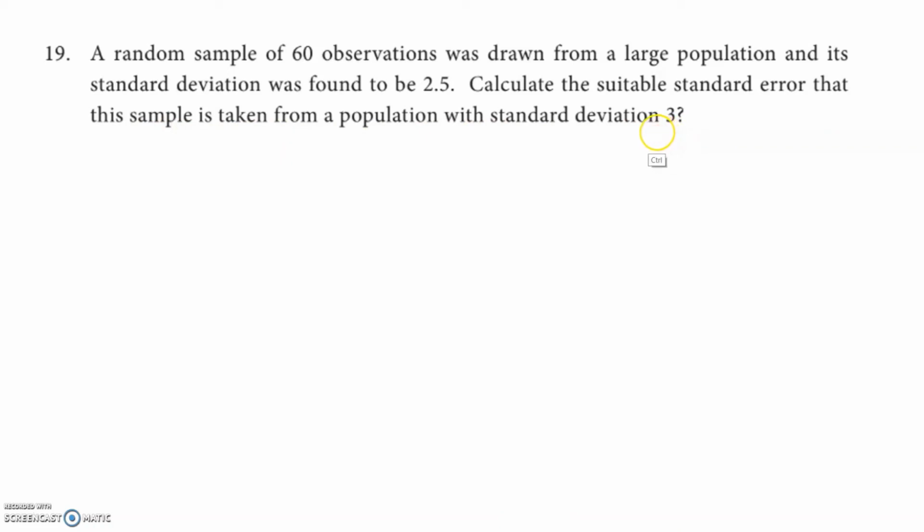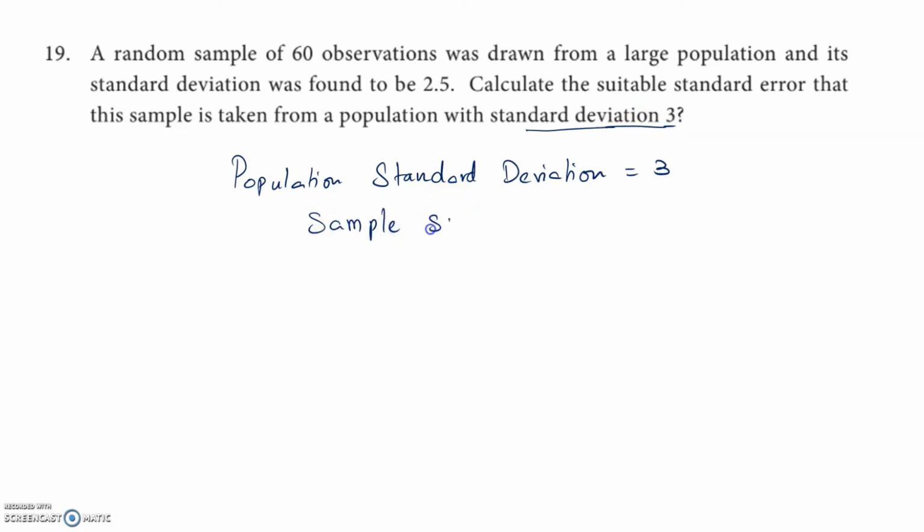Okay, so now here we are given that the population standard deviation is equal to 3. This is given to us. And our sample size is equal to 60. There were 60 observations. And the sample standard deviation was equal to 2.5.